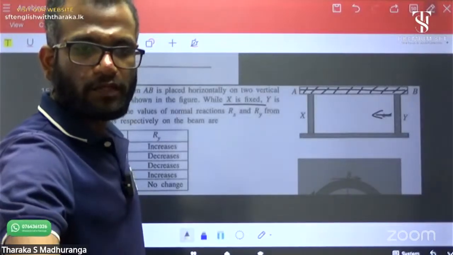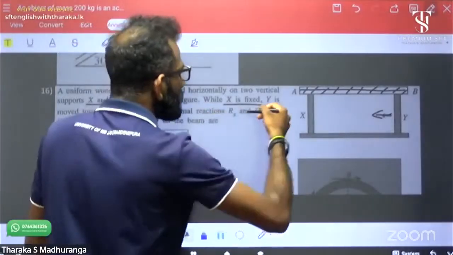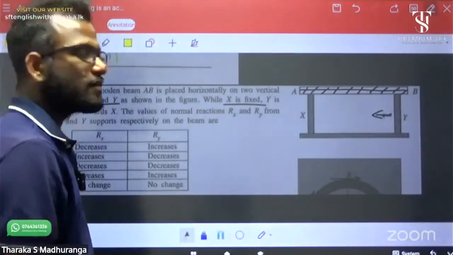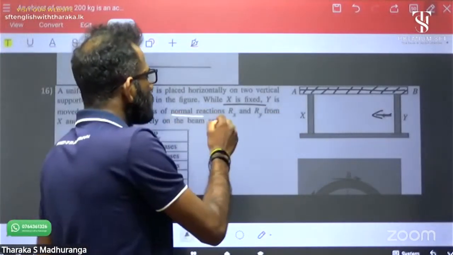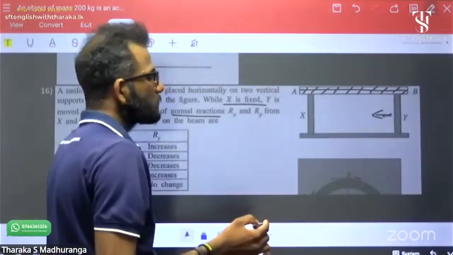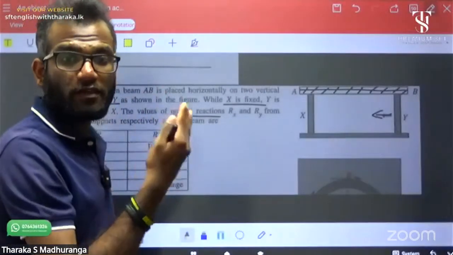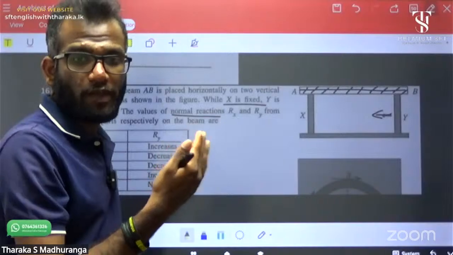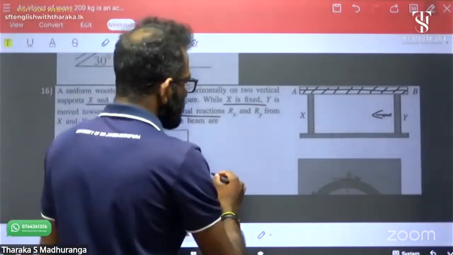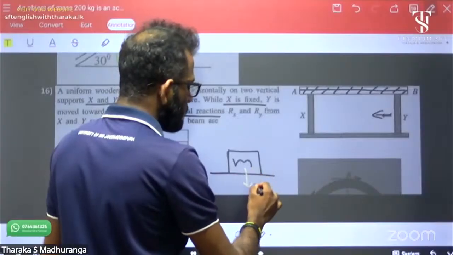No, not weight. The normal reaction means just the perpendicular reaction, right? Same thing. Normal reaction or perpendicular reaction. The weight is not equal to the perpendicular reaction. Weight of an object is mg.